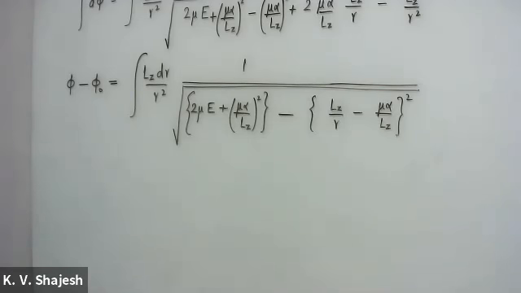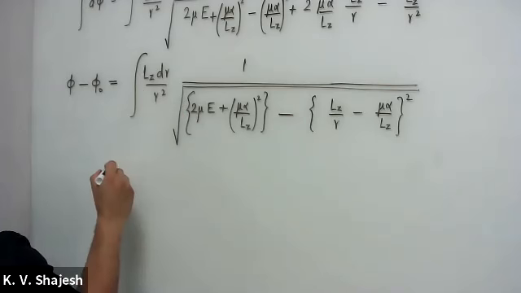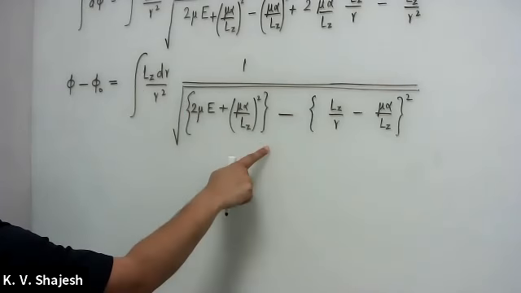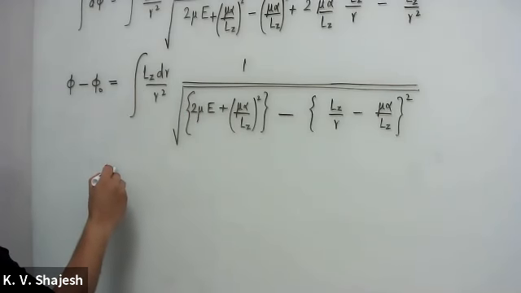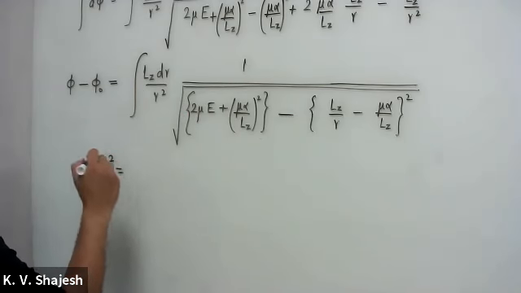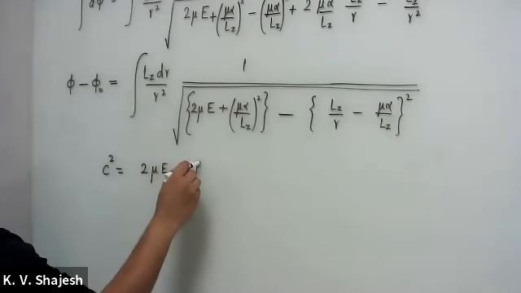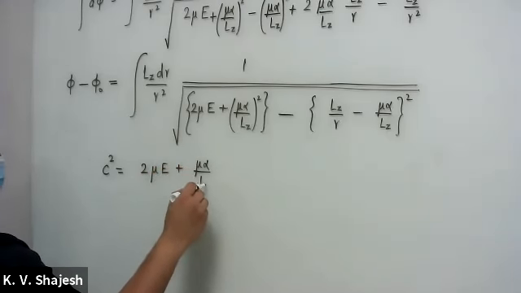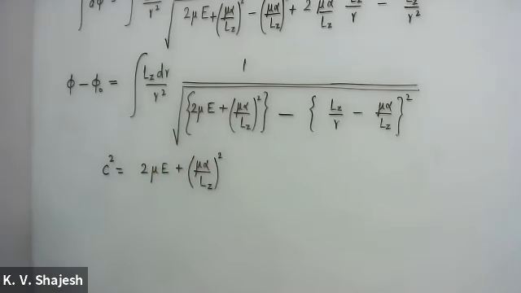So we have to make a substitution. Let's make some identification here. This is a constant, not r dependent at all. So temporarily, let me call that C squared, which is 2 mu E plus mu alpha over Lz, squared.